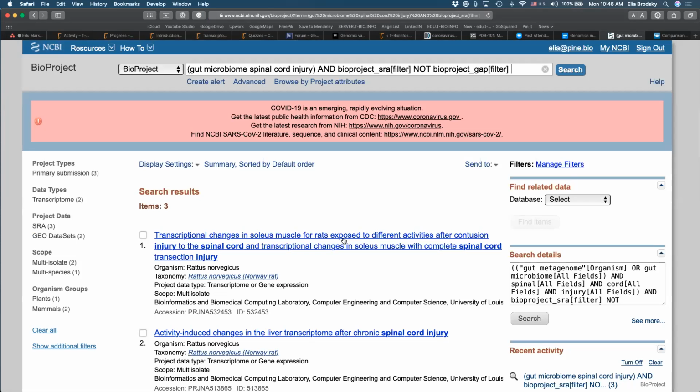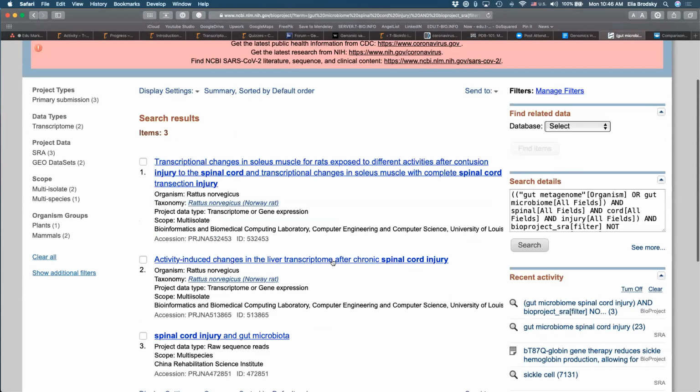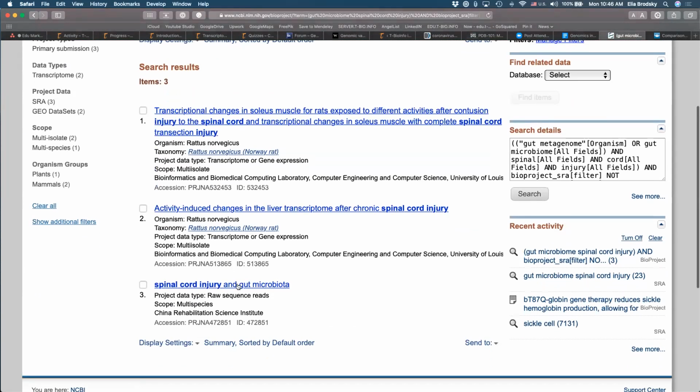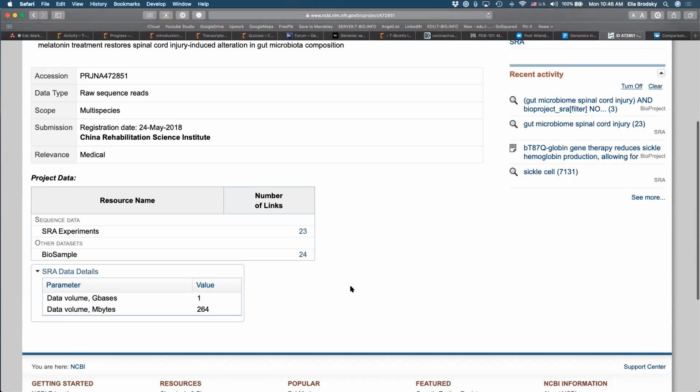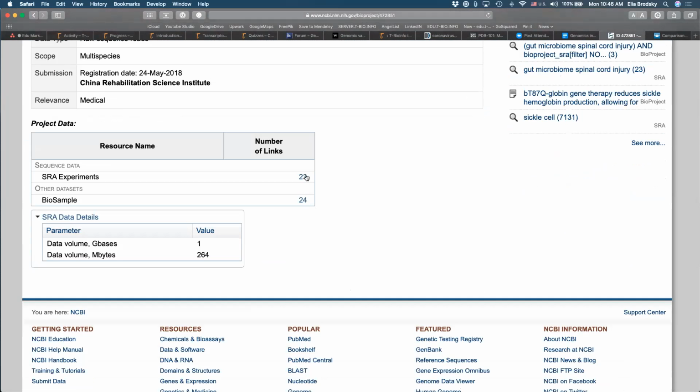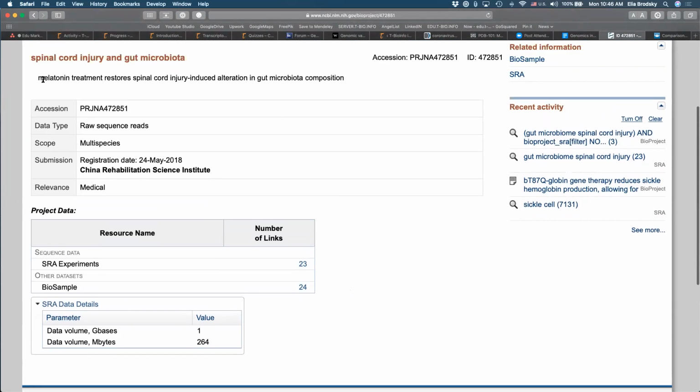Okay, so there you can see transcriptional changes, activity-induced changes in the liver transcriptome, spinal cord injury, and gut microbiota. So this looks like the data set we're interested in. We have 23 different samples, right? So this might be an interesting study that I can propose, right? So I can propose some kind of an analysis here to see what I can find.